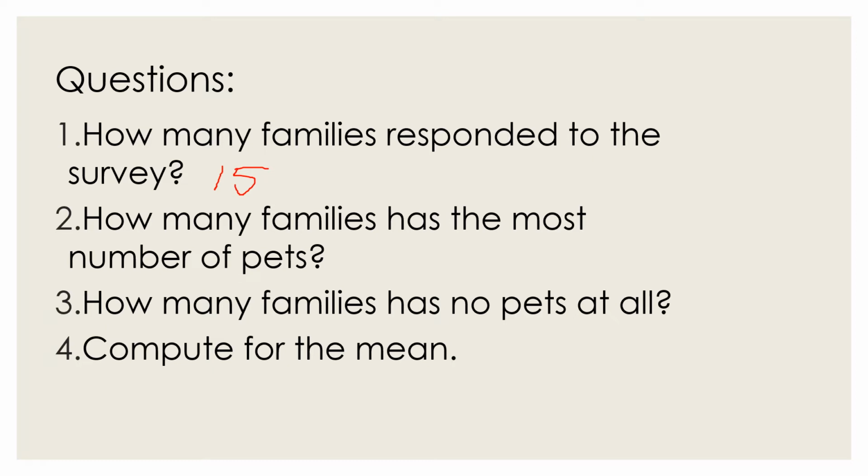There are 2 families, and they have 5. How many families have no pets at all? There are 0 families, so almost all families have pets. And the mean for the data is 2. Probably most people like to have pets.